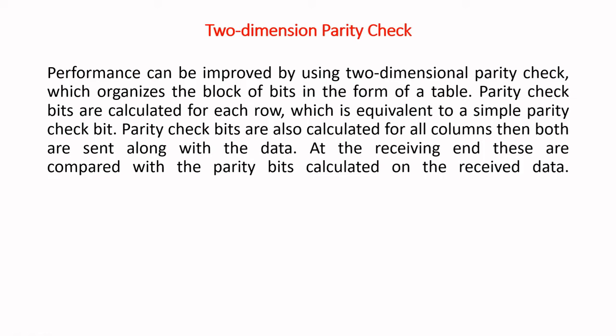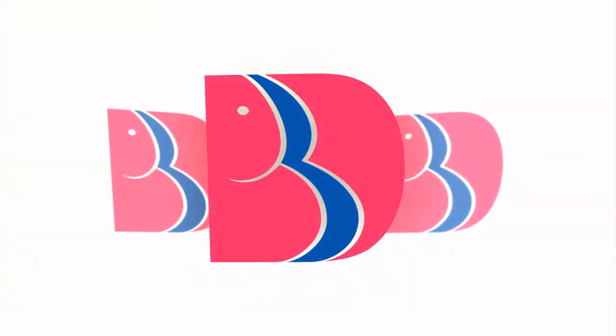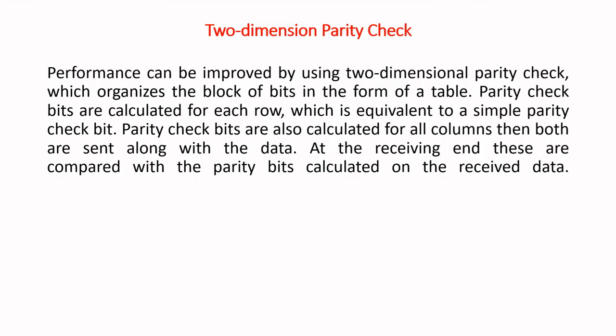Here we are using a two-dimensional parity check, which organizes the blocks of bits in the form of a table. Parity check bits are calculated for each row, which is equivalent to a simple parity check bit, and parity check bits are also calculated for all the columns.